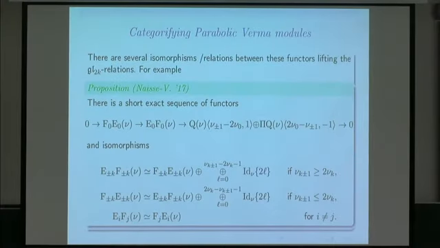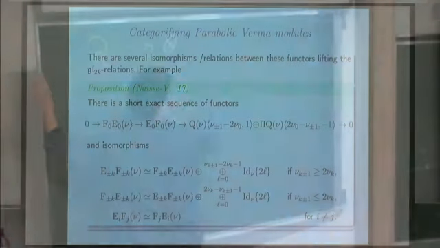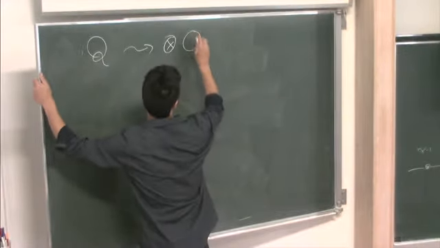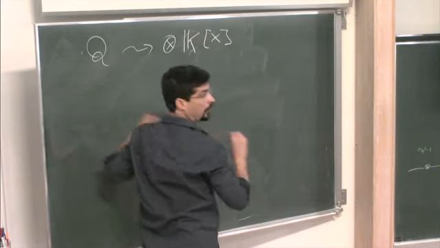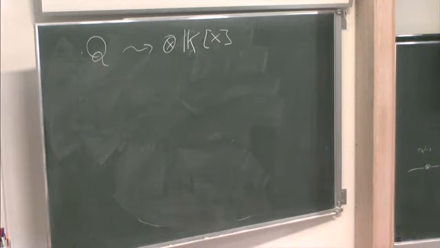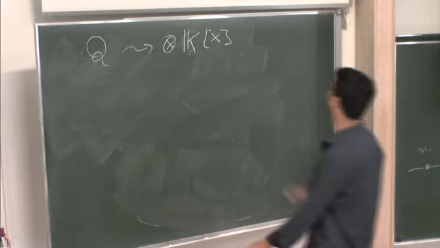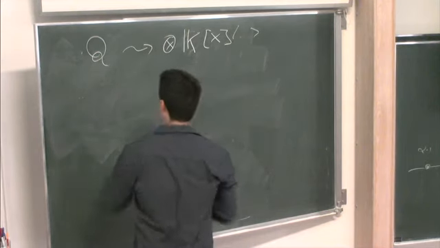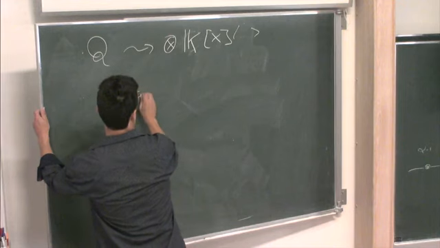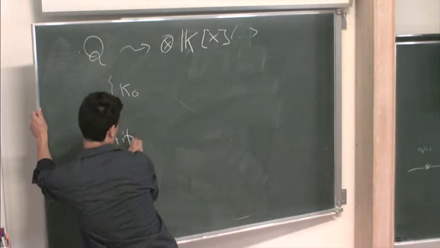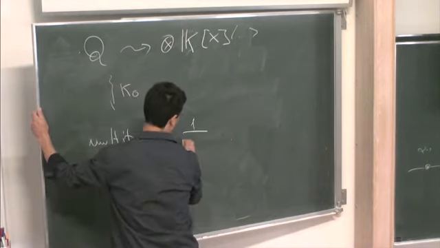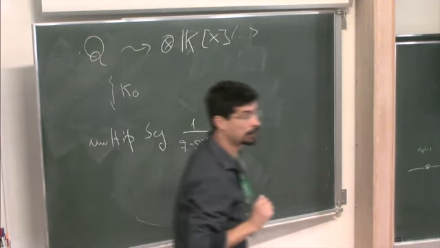Q, you can think of as the functor of tensoring. We work over a field K with a polynomial ring with some shifts, so that in the Grothendieck group it will descend to multiplication by 1 over Q minus 1.